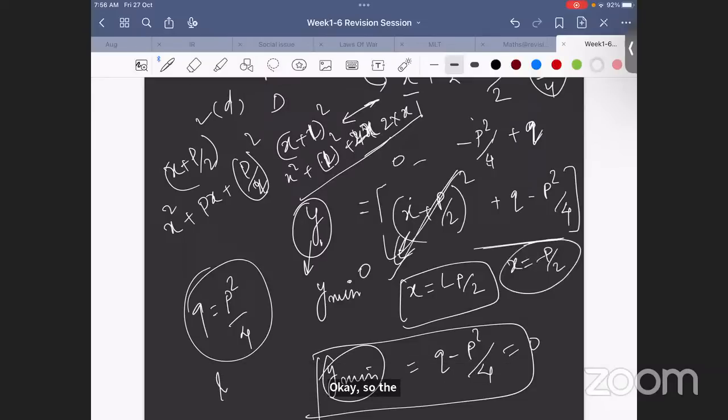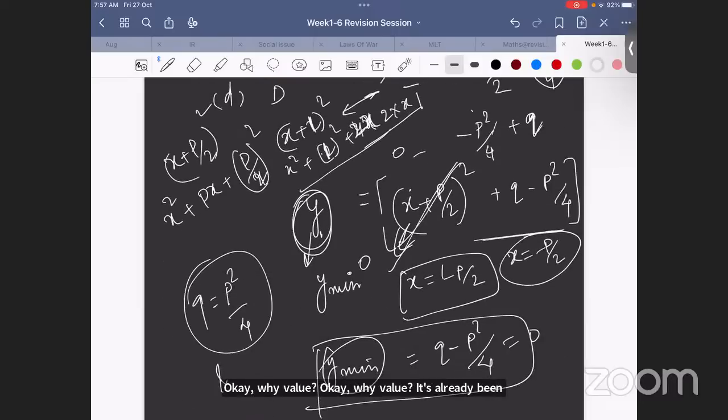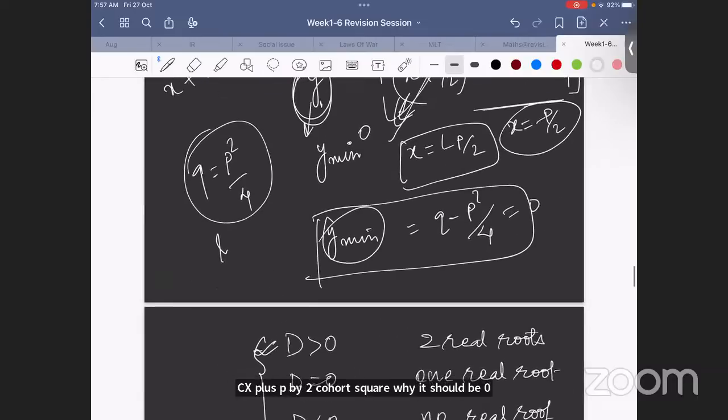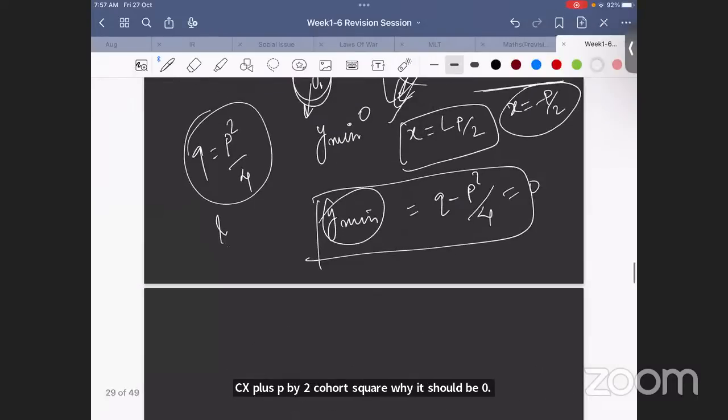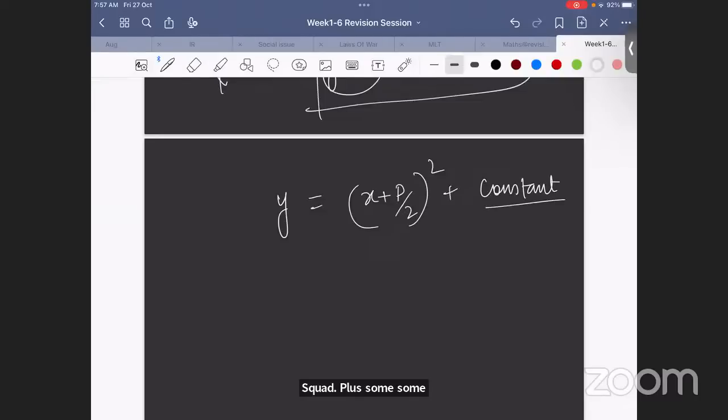Why should it be 0? Let's take an example. You are given y equals x plus p by 2 whole square plus some random constant, and you are told that y is 0.